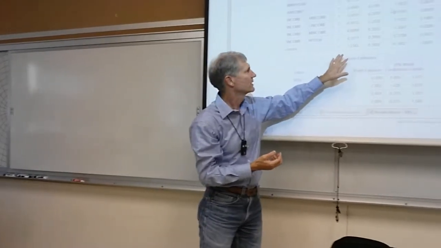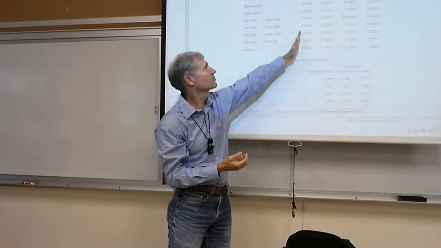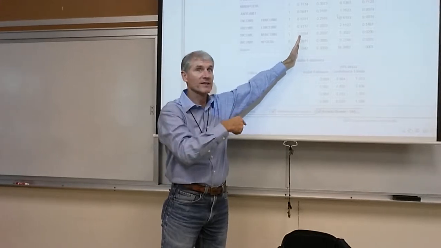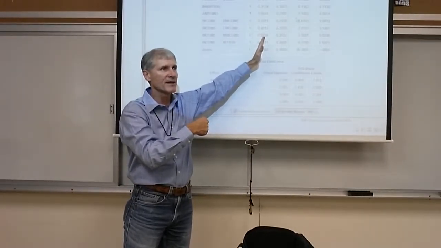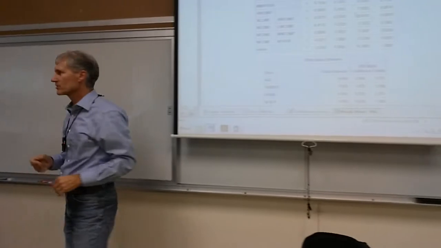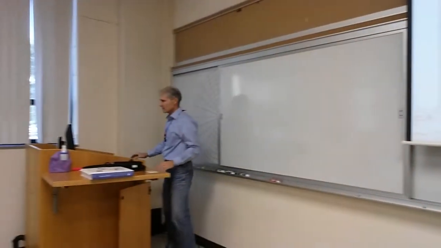I wanted to compare these parameter estimates with what we saw in table 11.5. I don't know if I can show both at the same time. Look how smart I am.